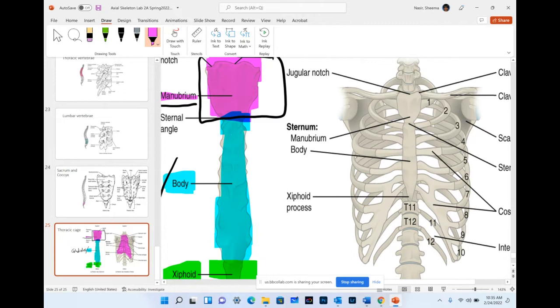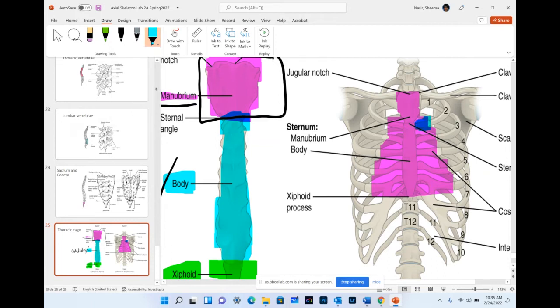Do you understand? Great. So I am coloring even the costal cartilage.